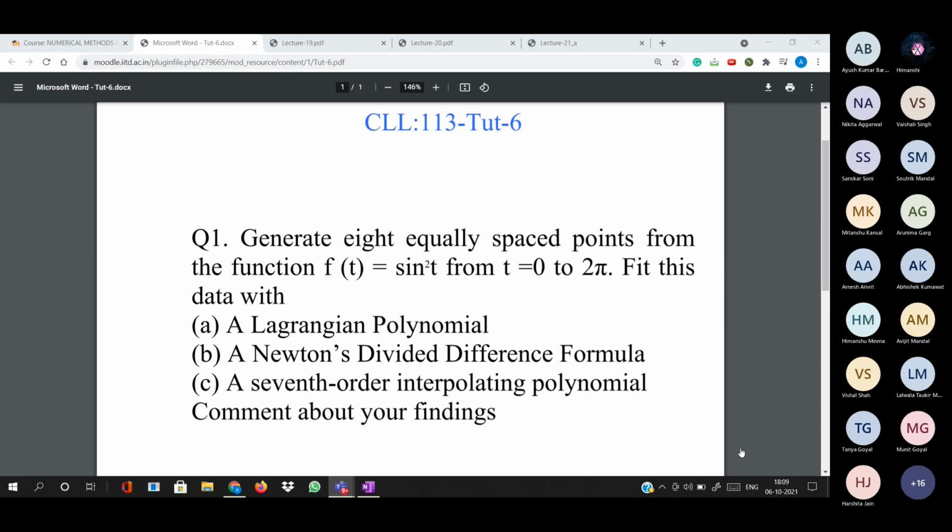Pardon me, guys. We have been asked to calculate the value of the function by the third method, which is Newton's divided difference formula. So how are we going to do that?